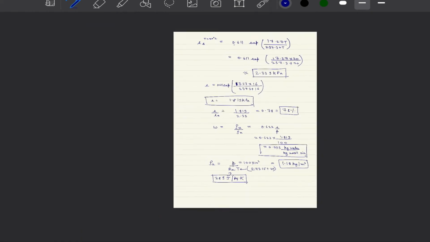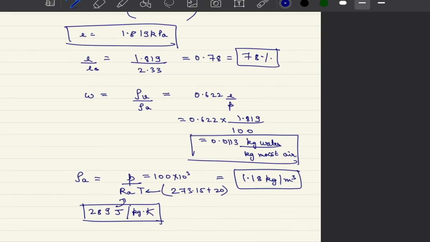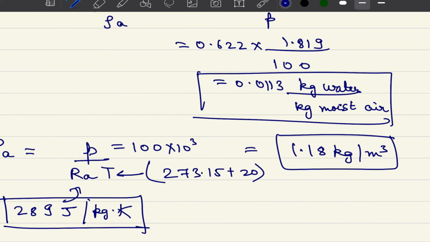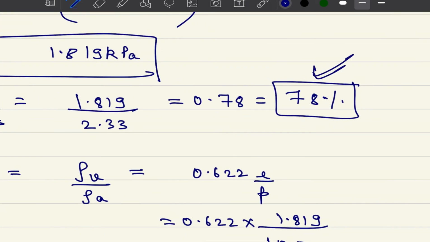Rather than just worrying about the formulae, see the logical sequence that is involved in the calculation and pay attention to the magnitude. Here, the density of water is 1000 kilogram per meter cube. In comparison to that, the density of air is just 1.18 kg per meter cube. Similarly, 78% is the number that we are looking at as the relative humidity.